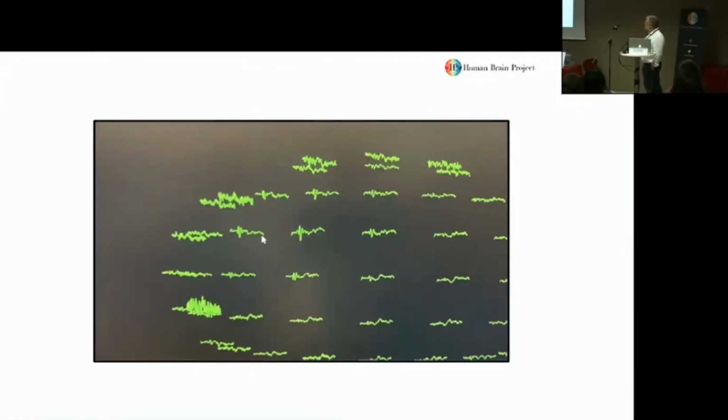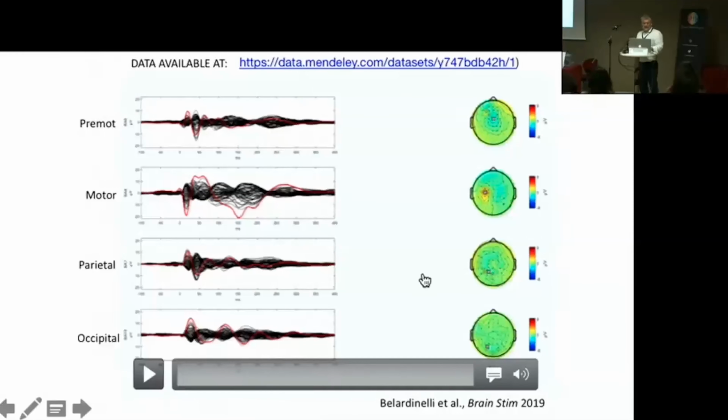And this is the response of the brain. In this case, based on my experience, I can say that it's a stimulation of the premotor cortex, more or less here. These are the 60 EEG channels, and here you can see the TMS evoked potential in real time.